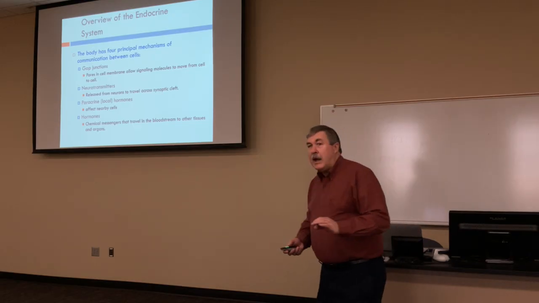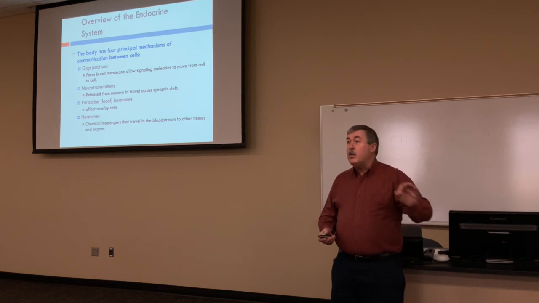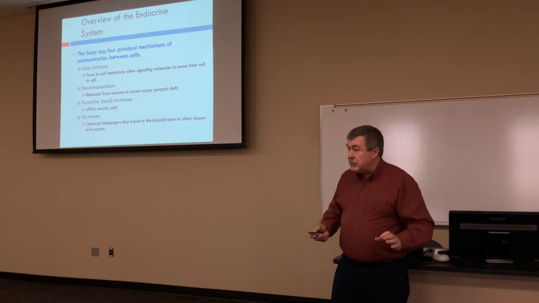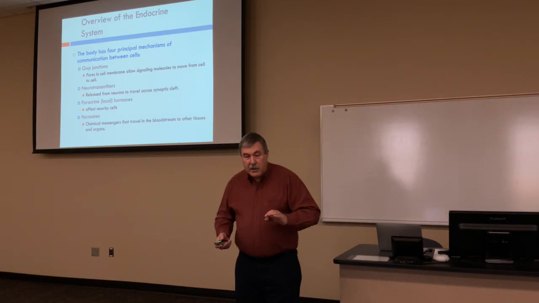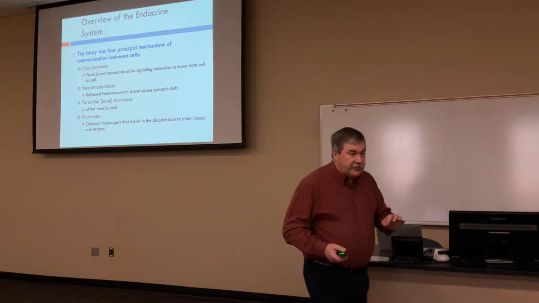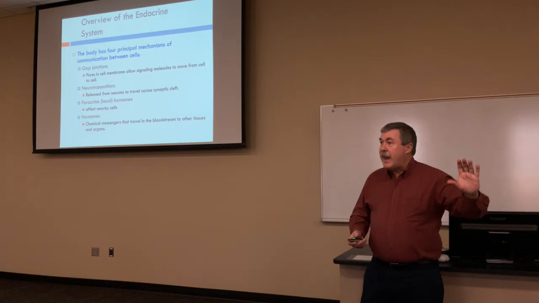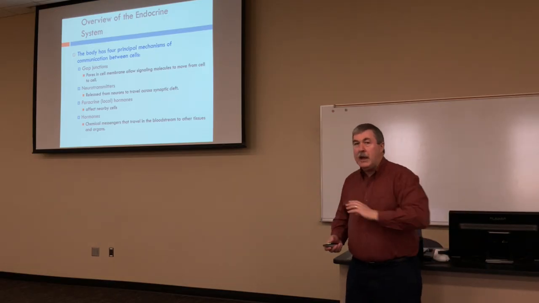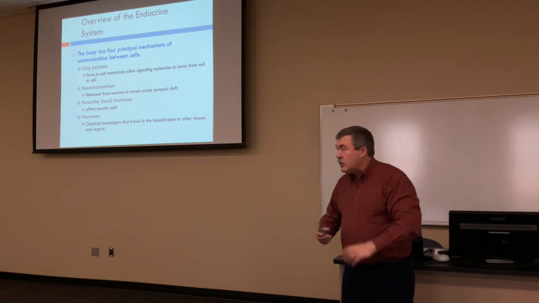And that can allow chemical messengers to diffuse directly from one cell into another. Similar thing happens in the heart. There are gap junctions in the heart that allow sodium to diffuse directly from one cell to another. That allows action potentials to propagate all the way through the heart so that the heart can contract as a unit.